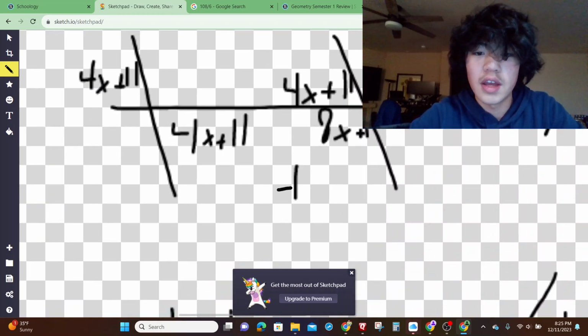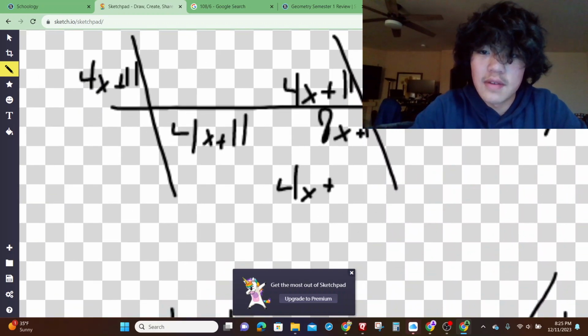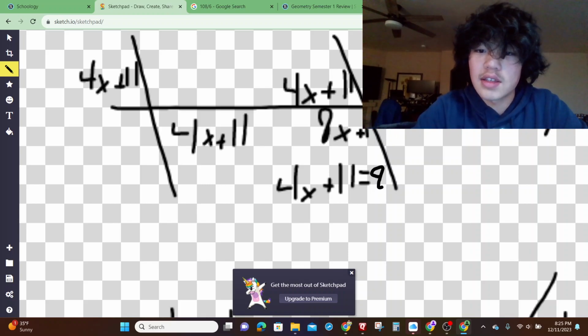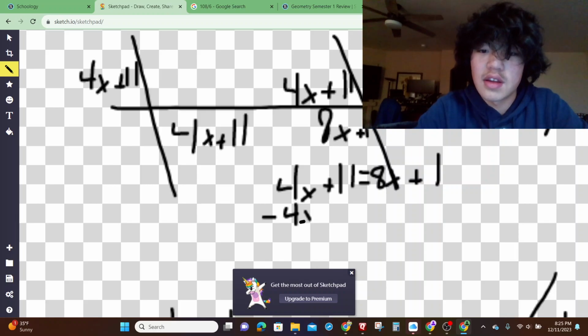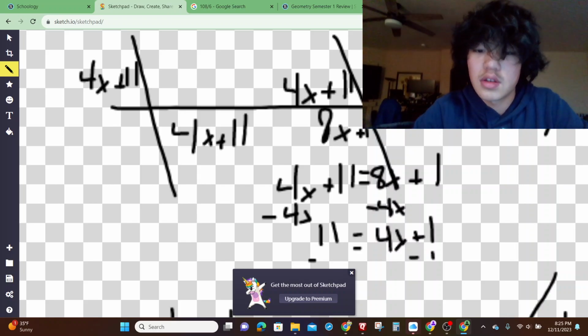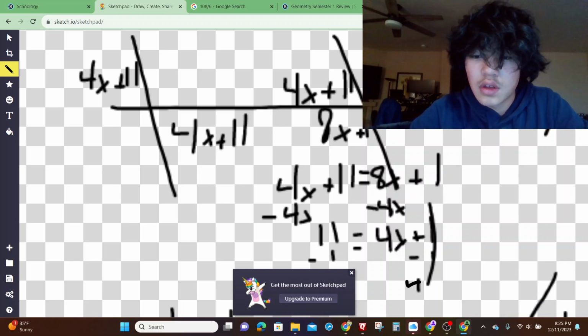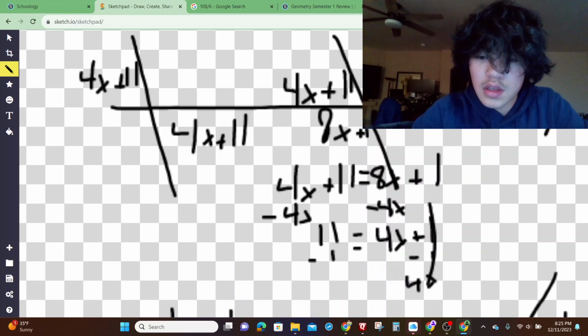So now 4x plus 11 equals 8x plus 1. Subtract 4x there, subtract 4x here. We get 4x plus 1 equals 11. Then we subtract the 1 there, subtract the 1 there. So we get 4x equals 10.